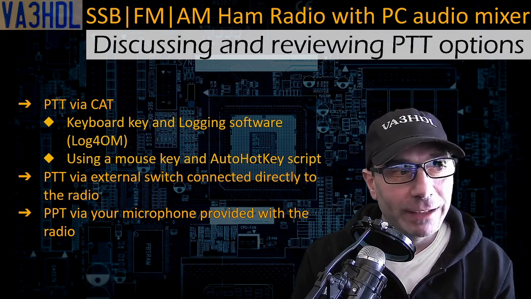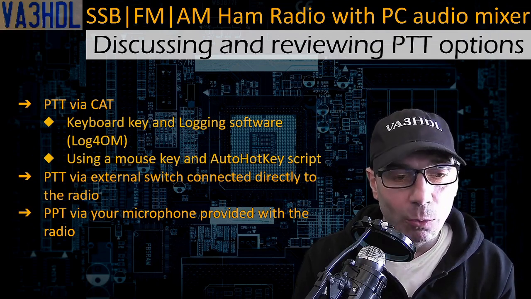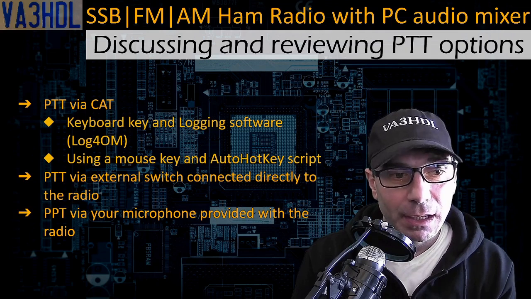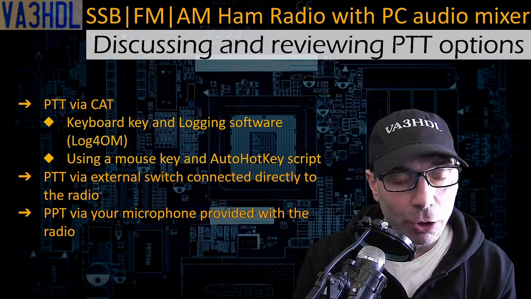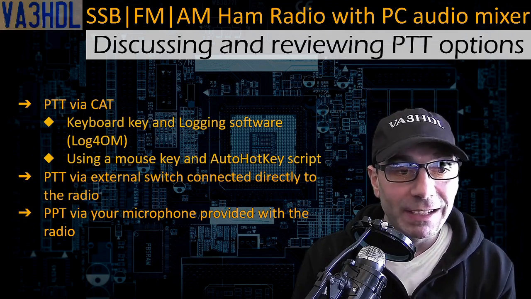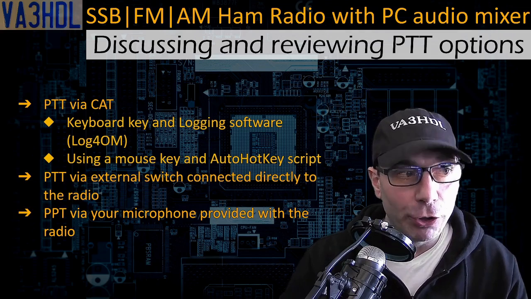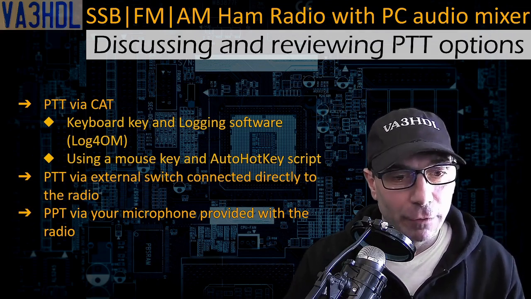In the case, for example, of the FT-991A, when you set up the single sideband, AM, FM in the menu to use the USB audio, you can still use the PTT button from your microphone, but no audio will be captured from the microphone.